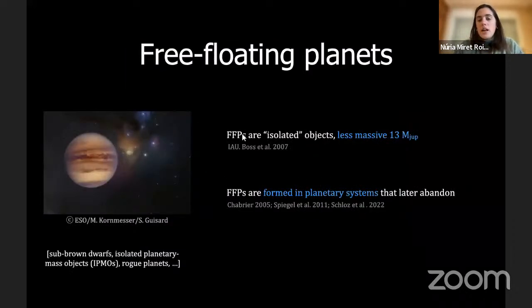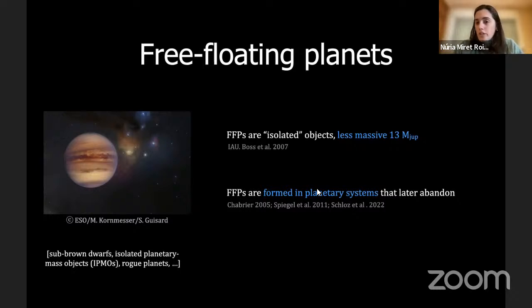So free-floating planets can either be these isolated objects that have less than 13 times the mass of our Jupiter, or we can define them as objects that are formed in planetary systems that they later abandon. I think this second definition has many advantages in understanding the nature of these free-floating planets. However, it poses some practical difficulties, since at the moment we observe one of such objects, it's impossible to know which mechanism formed it.